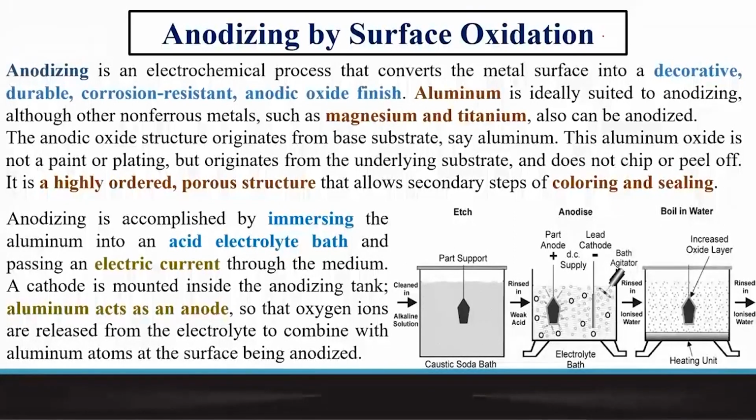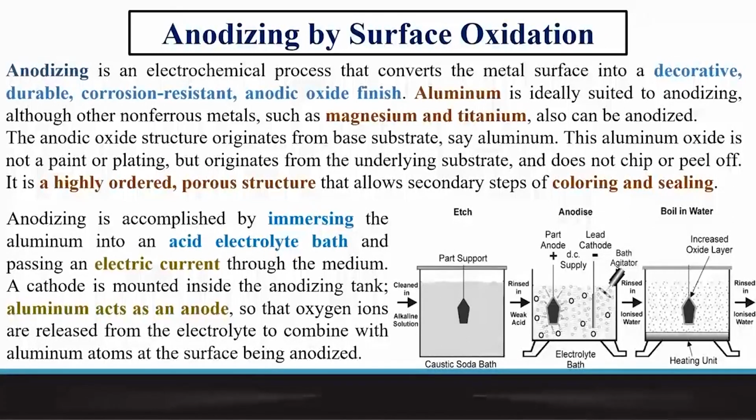The same thing happens in the case of chromating, where we use a chromium containing bath, typically hexavalent chromium. So we use a chromic oxide based bath in which we dip, and then we allow the surface reaction to occur. In the case of anodizing, we have a slightly different and a more interesting process.